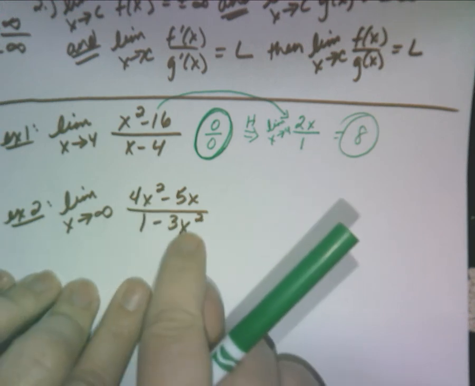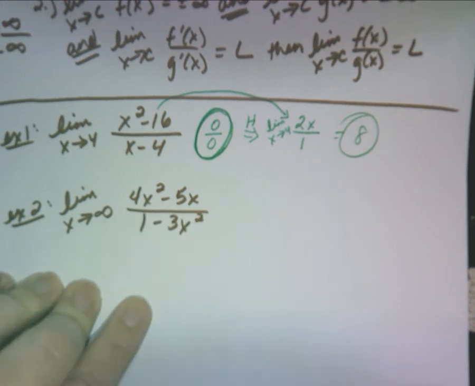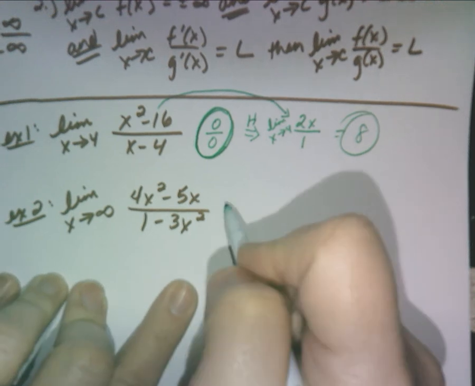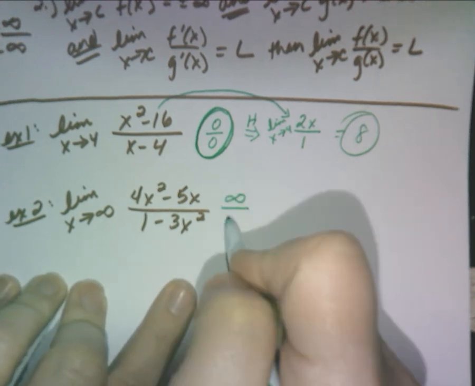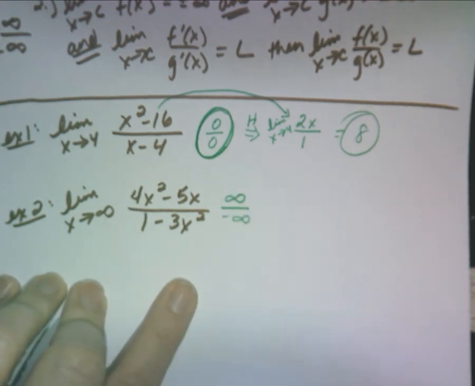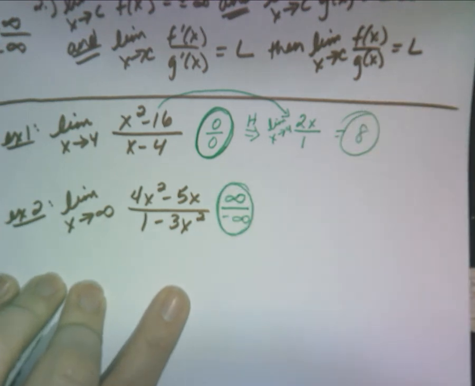If I square it and multiply by negative 3, I have a very negatively large number. So I have a large number over a very negatively large number. This is an indeterminate form, so I'm allowed to apply L'Hopital's rule.